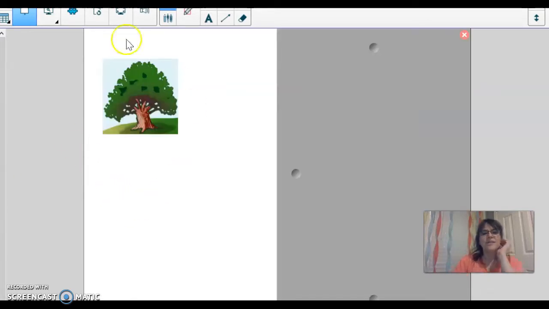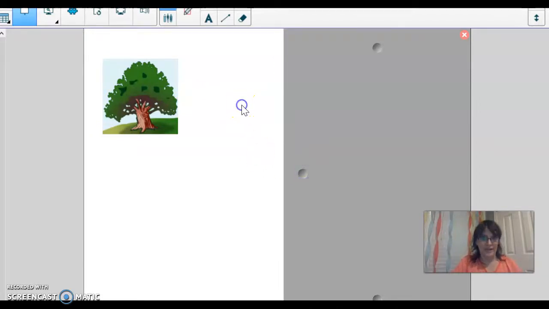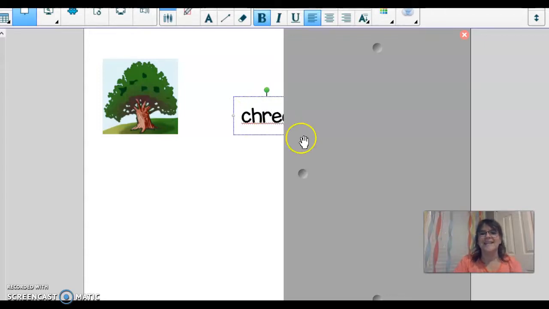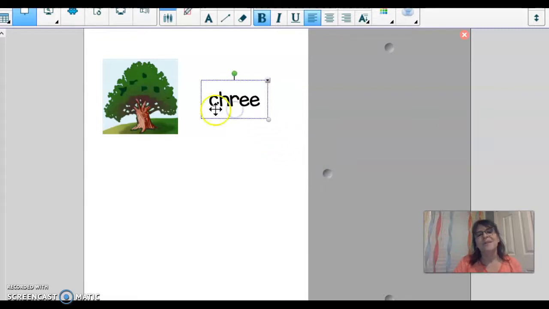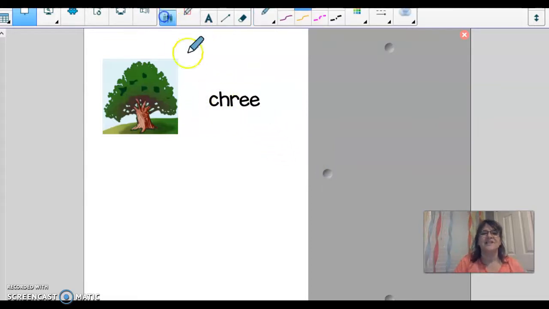Okay, so let's take a look. What do we have here? What do you see? Of course, a tree. Well, when lots of kids are writing and they want to write the word tree, they write it with a CH. Well, it doesn't start with the CH. That's the problem.